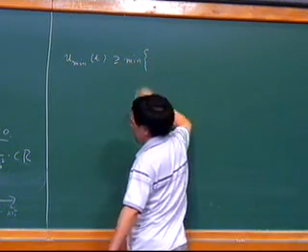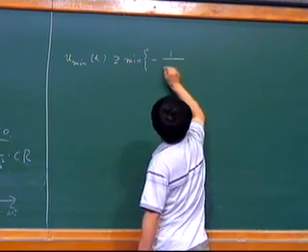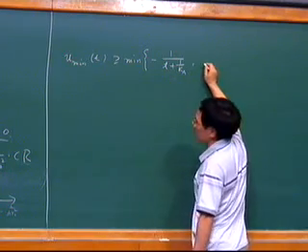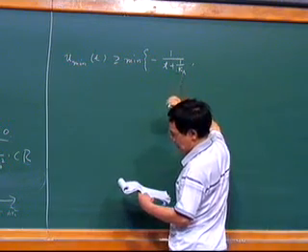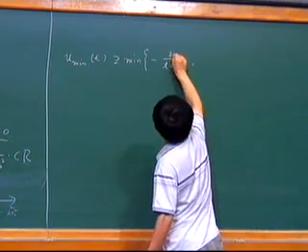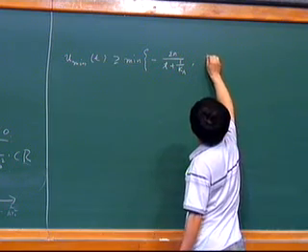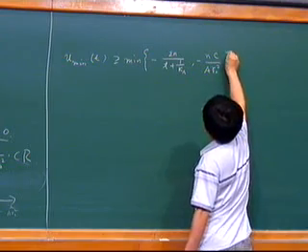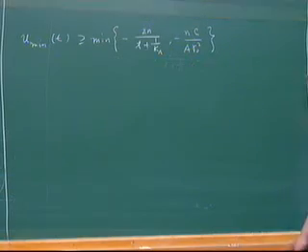You can integrate this one. You get minus 1/t plus ka, and I need 2n here. And you have n minus nc here, squared, where a is arbitrary.